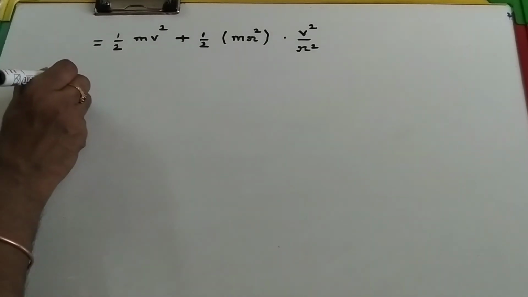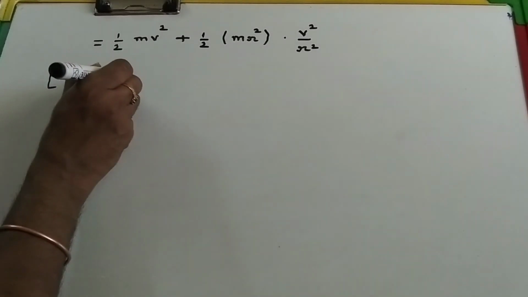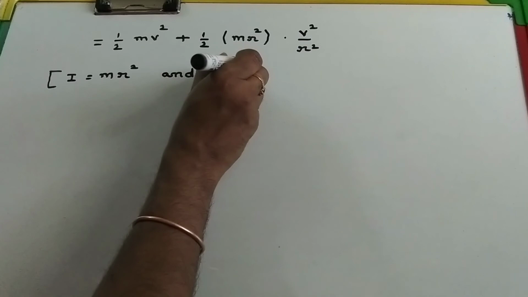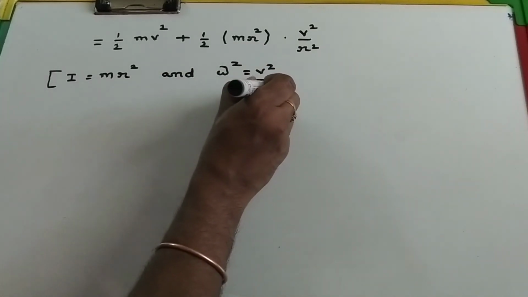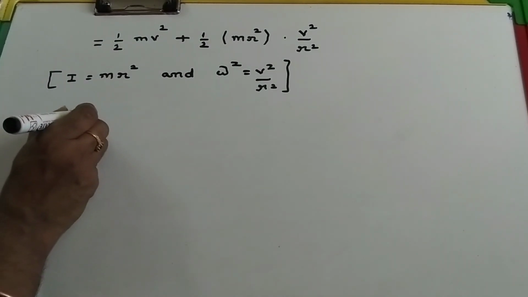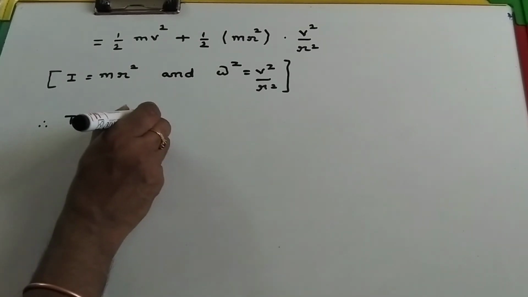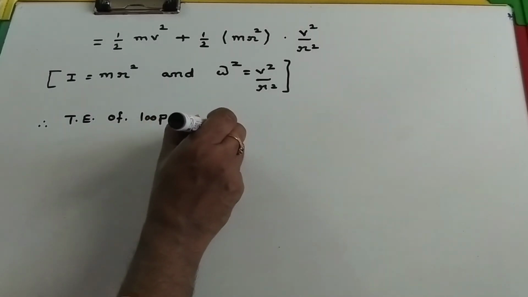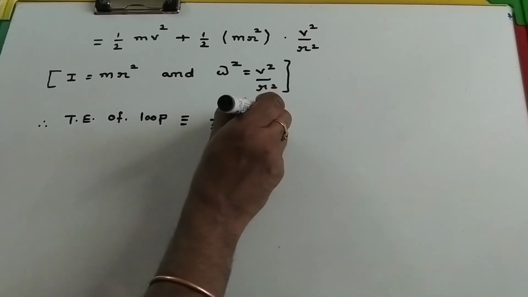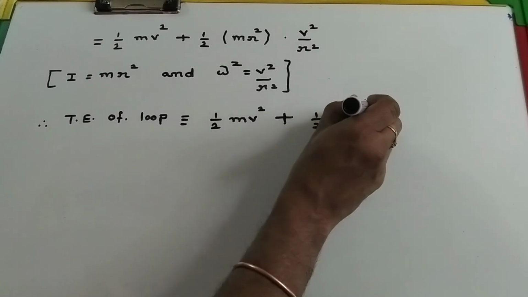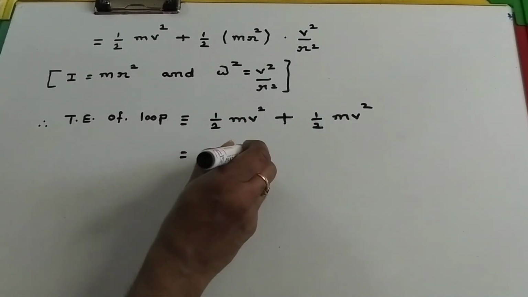The reason is I = mr² and ω² = v²/r². Therefore, the total energy of the loop is 1/2 mv² + 1/2 mv², which gives mv².